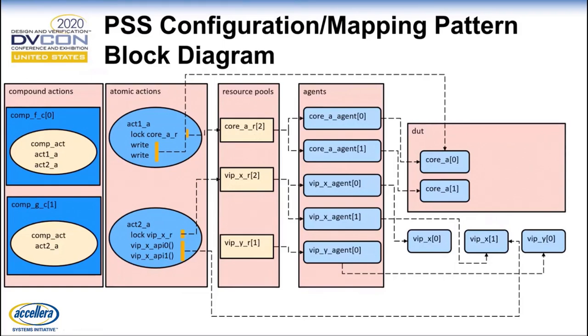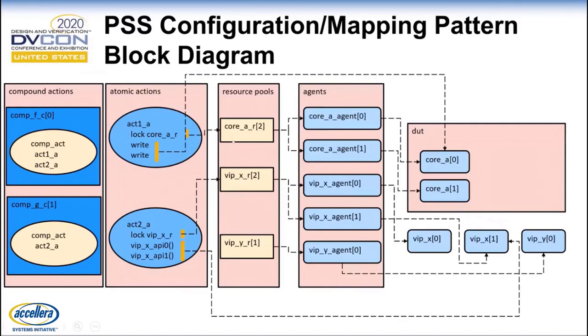And you can think of each of these execution agents as a resource. For example, you may exclusively want to run just on core A0, and so you'll lock that resource. Or you could even have multiple behaviors running in parallel on the same core, and they will share the resource.